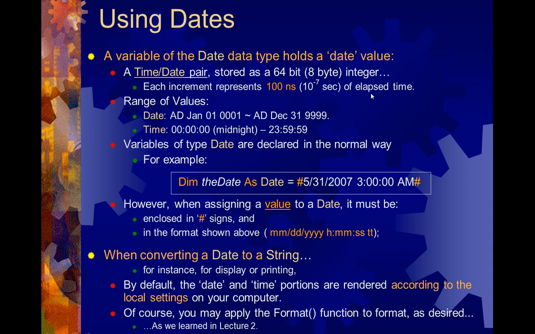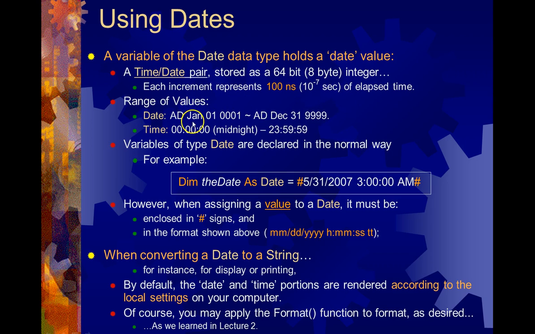So that's a little bit confusing, but if we have 64 bits, we can make many, many different sequences. In fact, 2 to the 64 different sequences. And as you increment from one sequence to the next, you're basically incrementing 100 nanoseconds. Okay, I won't go into that.